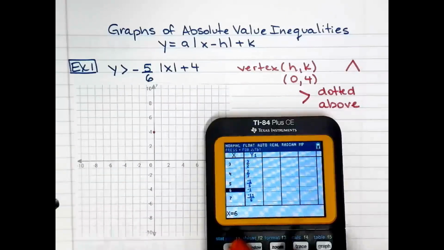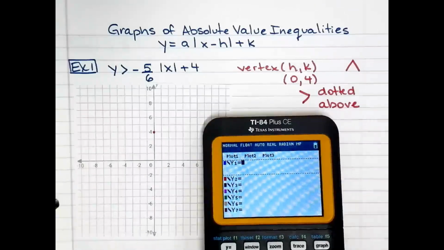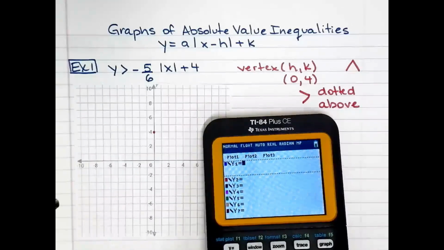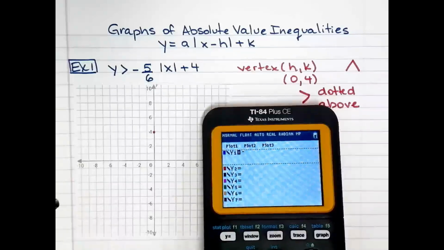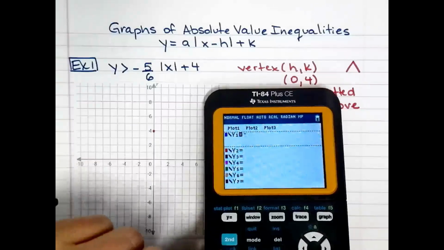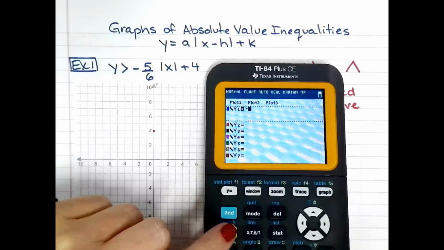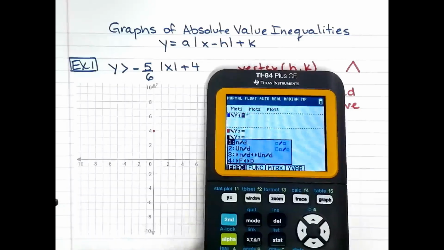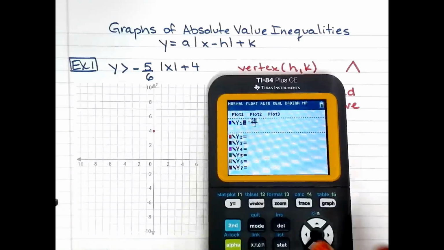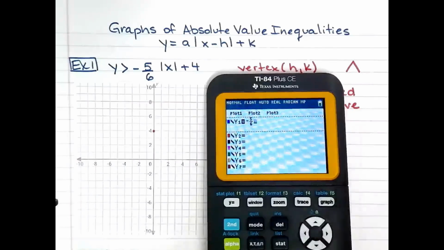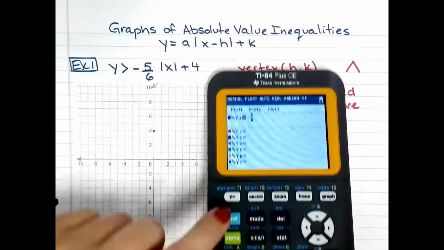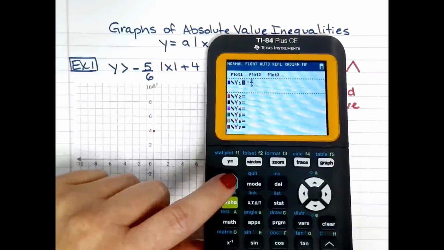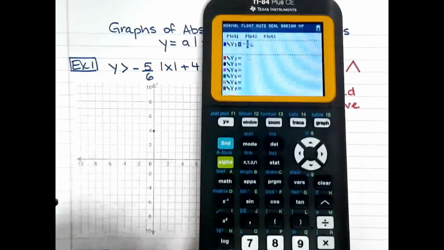Let's go ahead and punch that beautiful function in the calculator. The way you do this, you go negative, and you're going to put in the fraction. So alpha, that's the green button, alpha, y equals, enter. So 5 over 6. Now the absolute value, you go second, 0.